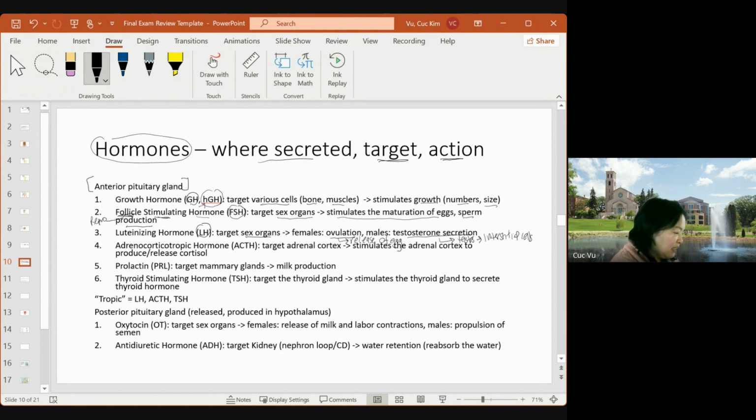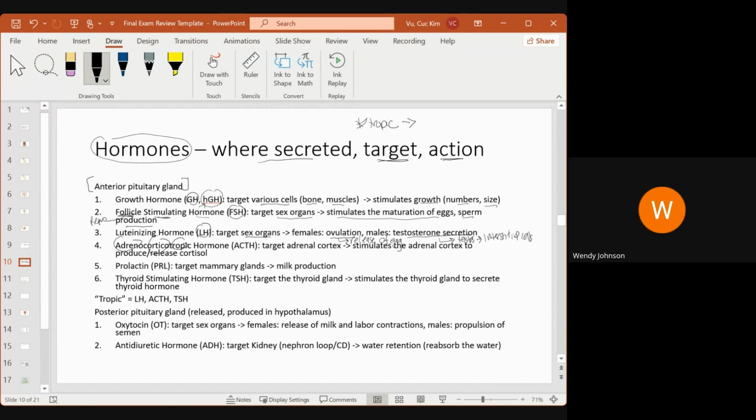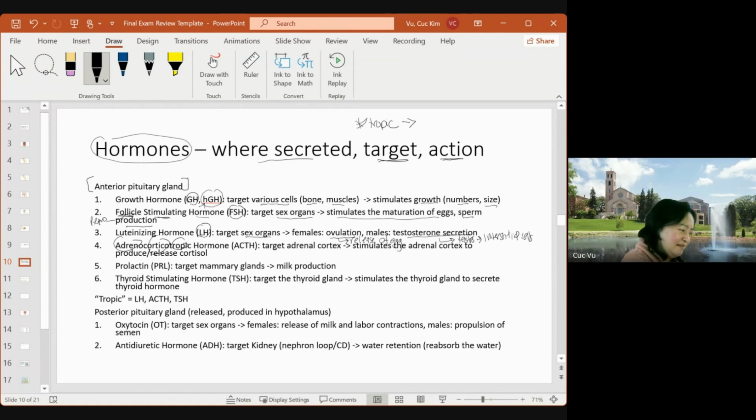Okay, awesome. Then you have the adrenocorticotropic hormone. Again, it's all within its name, right? Adrenocorticotropic hormone. Anytime you see the term tropic, what does that mean? Doesn't it stimulate another gland? That's right. Yep.